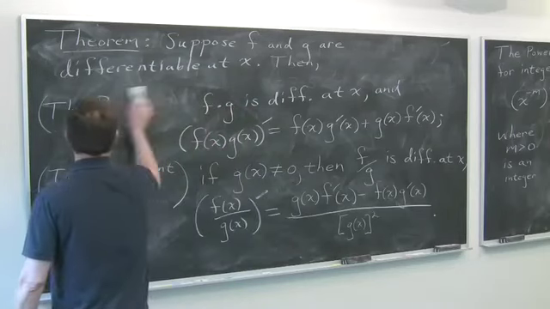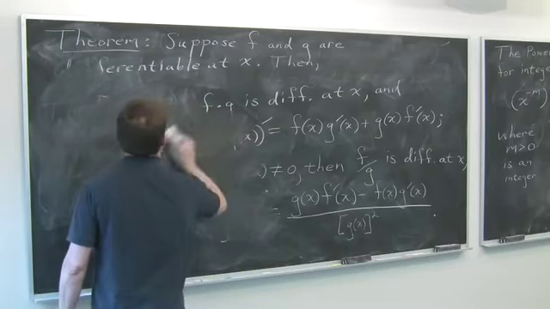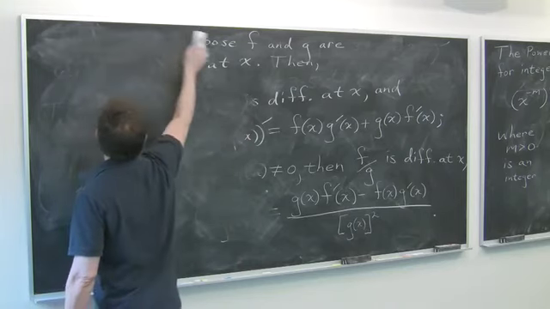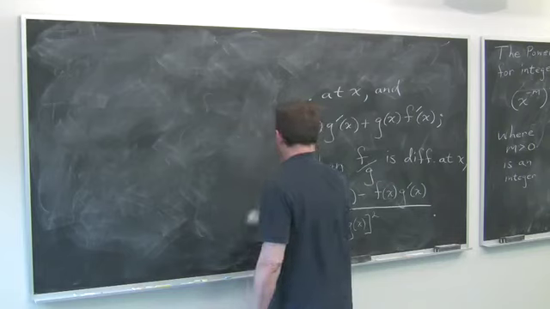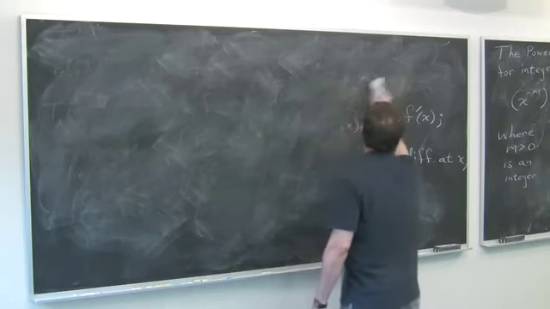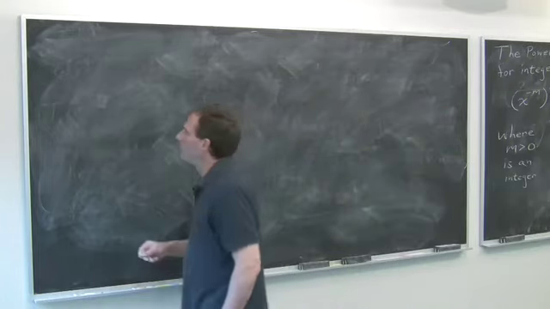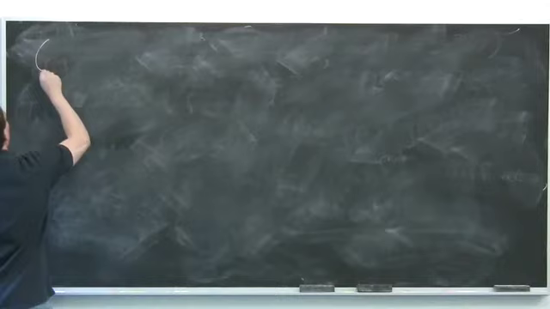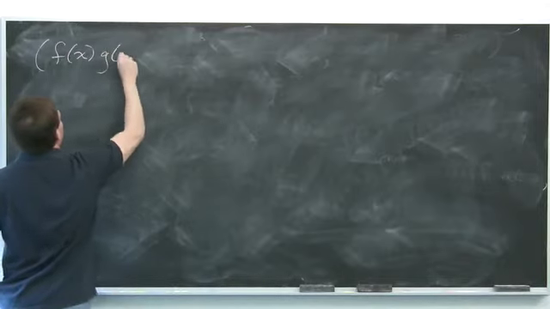Cool in that math dork sense of the word cool. So why does the product rule work out that way? Well, we want to calculate this derivative.